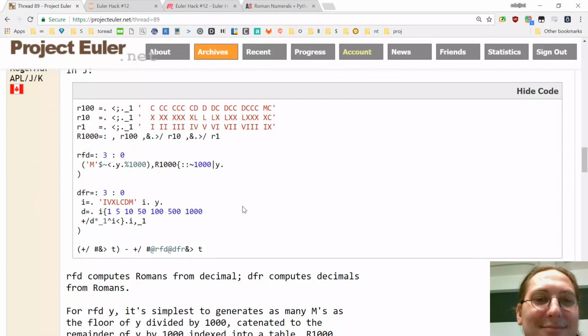That's more than a one-liner. He does the whole conversion into number and the whole conversion back. That's not necessary. We should code next time with APL. Roman from decimal. Jesus Christ.